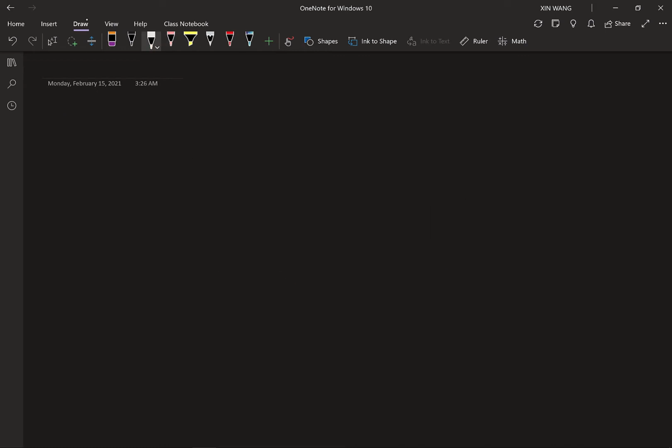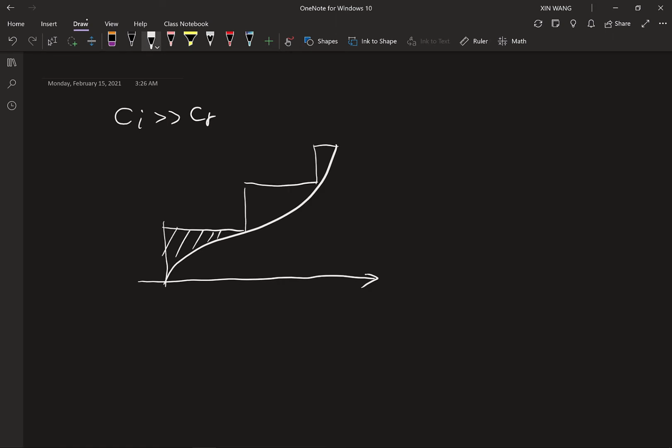So recall in the extreme case where the inventory waiting cost is much larger than the rent cost, our problem is reduced to optimizing the shaded area given a certain number of shipments, or jointly optimizing the number of shipments and the shaded area together.